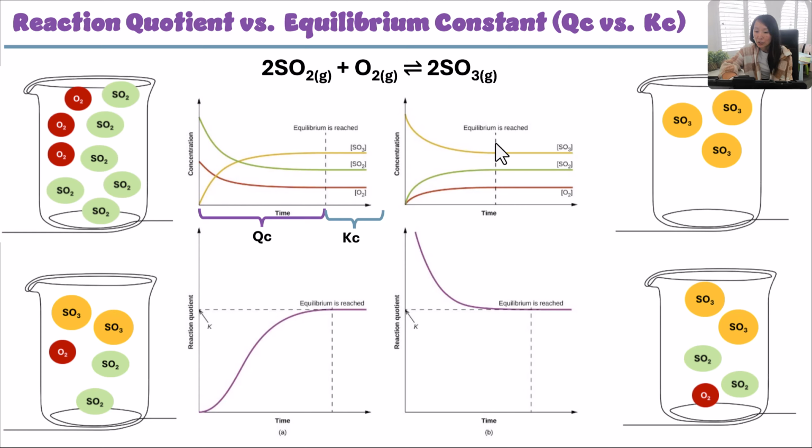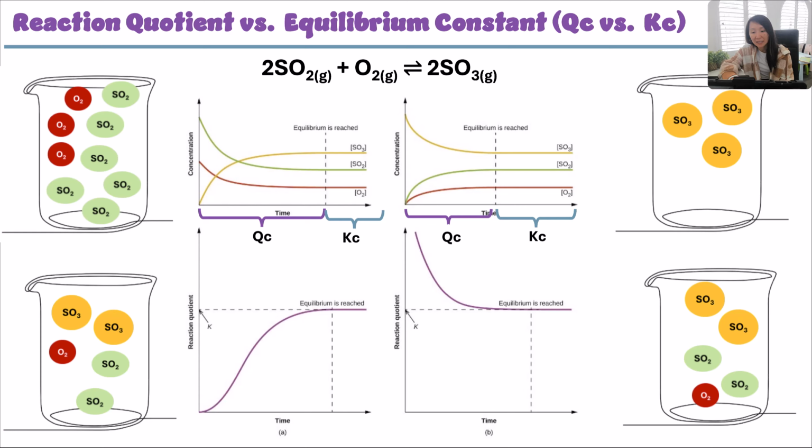This also reaches a point in the equilibrium where the concentration of the reactant and product no longer changes. So anything before the equilibrium has been reached, all of these points in time, we can utilize the QC equation in order to find out the ratio between the product and the reactant.